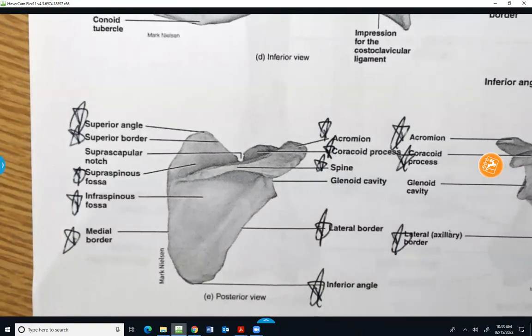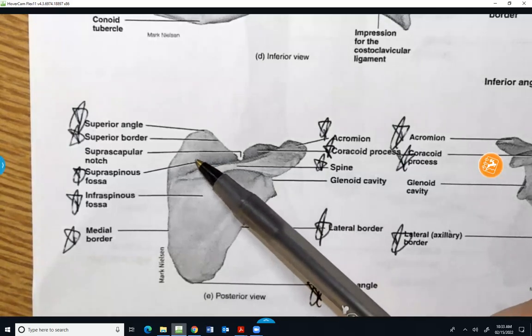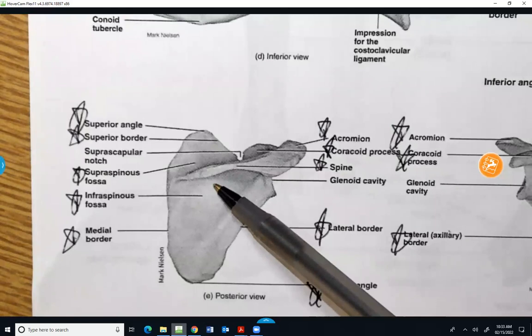Supra and infra, remember, are just short for superior and inferior. These are just basically indentations where you find some muscles. In fact, literally the name of the muscle that sits right here, it's called the supraspinatus. Guess what the name of the muscle that sits right in here?